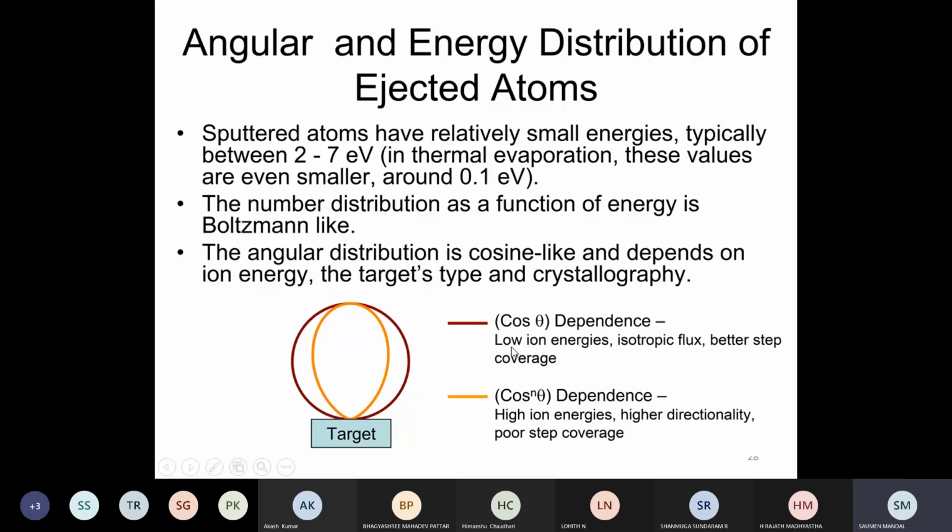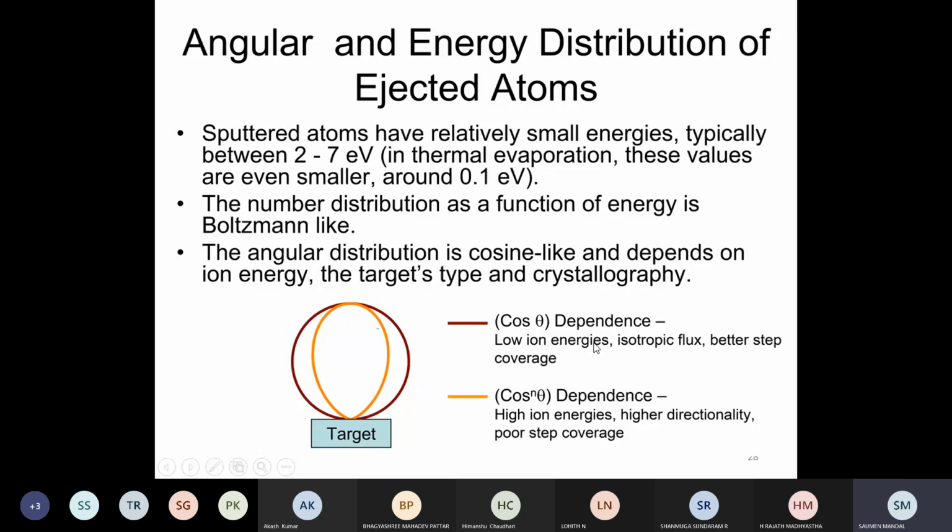In physical vapor deposition, we have seen that it's cos theta or cos to the power n theta dependency, depending on the point source and the surface source. You recall that from your previous class. So if it's cos theta dependency, this is the path it will follow.